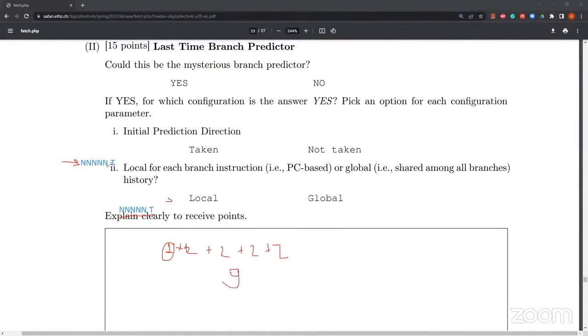Plus we had 1 misprediction for the first branch. So this was just an example of these cases where we assume the branch predictor is configured as initially not taken with local history, last time branch prediction. Okay, moving on.